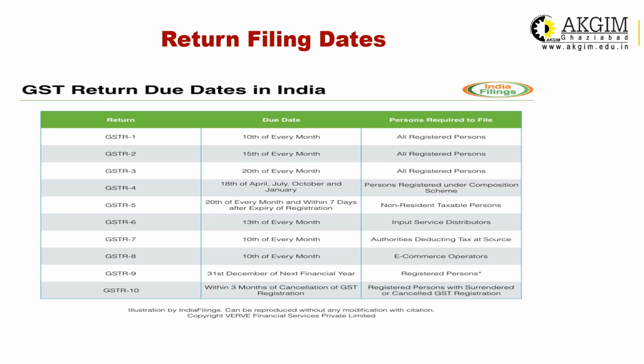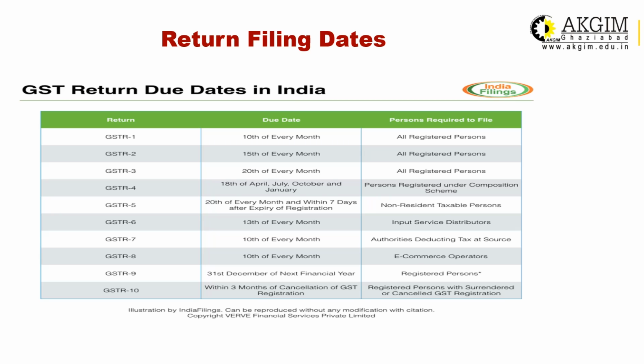That means for the first quarter, April, May, June, the due date for filing the return will be the 18th of July. That is an example. GSTR 5 is required for a non-resident taxable person and the due date is the 20th of every month and within 7 days after expiry of registration.